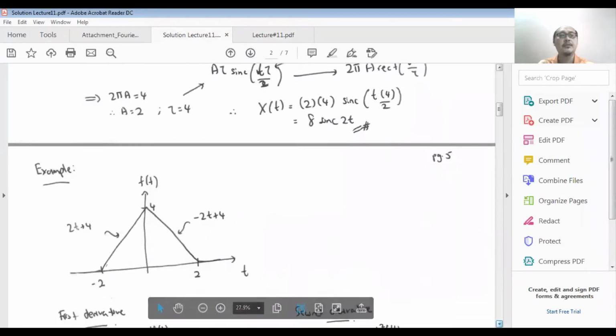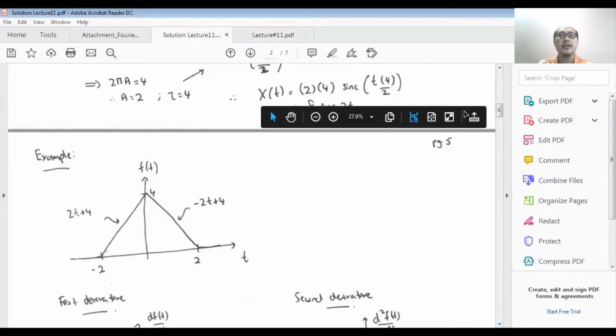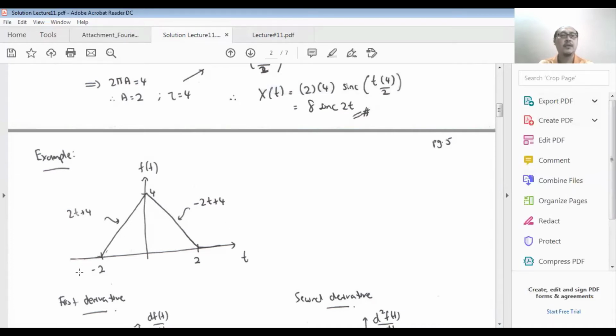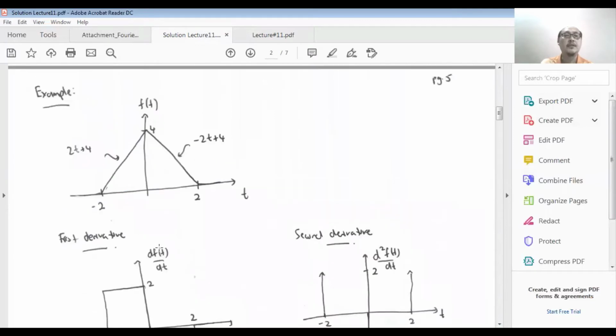Basically, when you sketch f(t) properly, it should look like this: a straight line of 2t plus 4 from negative 2 to 0, and negative 2t plus 4 from 0 to 2. This is the sketch of f(t). Now let's look at the differentiation.